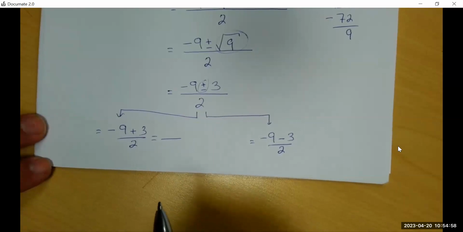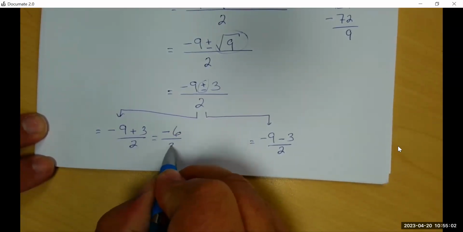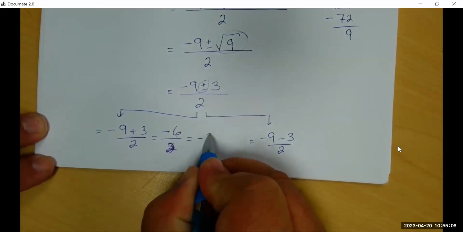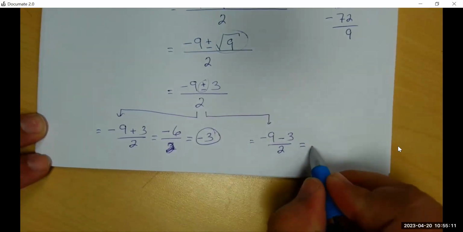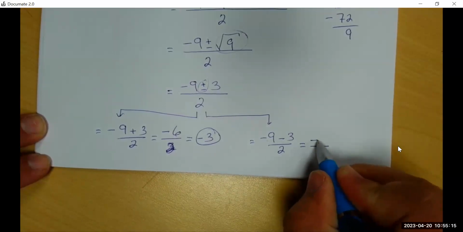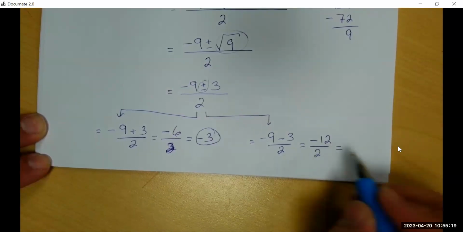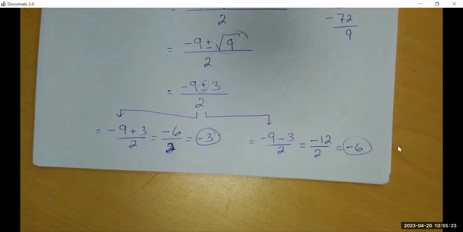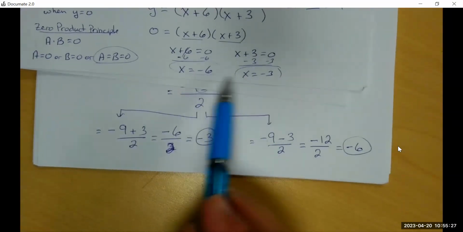Negative 9 plus 3 is, since 9 is bigger, negative 6. Negative 6 divided by 2 is our first solution, negative 3. Negative 9 minus 3, they're both negative, so you add the numbers: negative 12 divided by 2 is negative 6. And that's exactly what we got in our earlier answers.